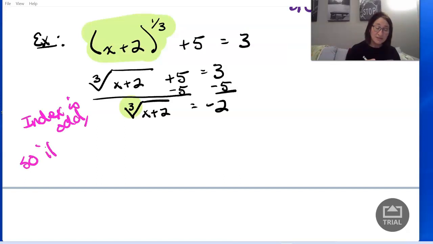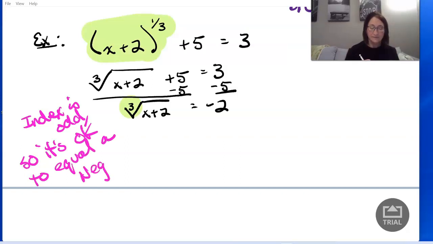So it's okay to equal a negative. We need to keep going with this one because that -2 there doesn't cause us to stop. It's only if the index is even that we can't have a -2. All right, so let's keep going.